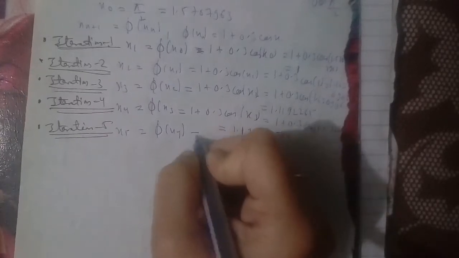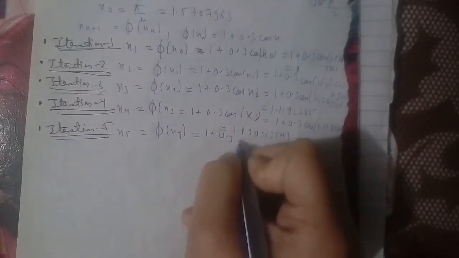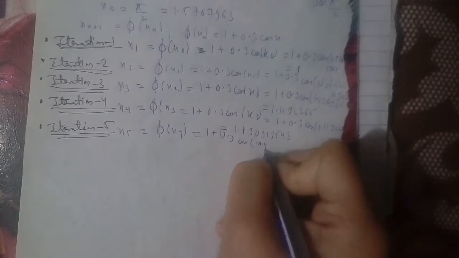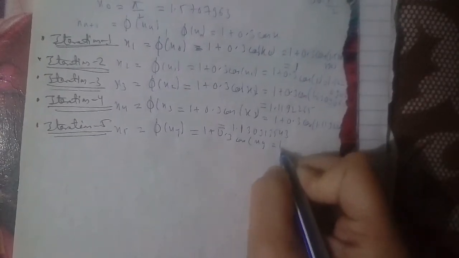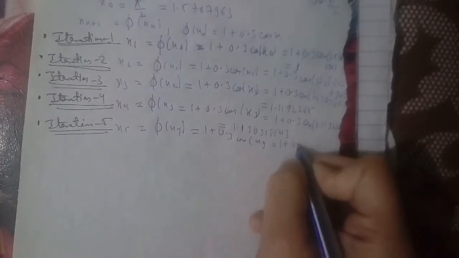For the same we'll get the value here, and that has been equals to 1.12775. Now we go ahead for iteration 6.